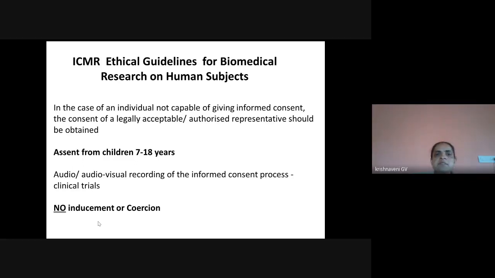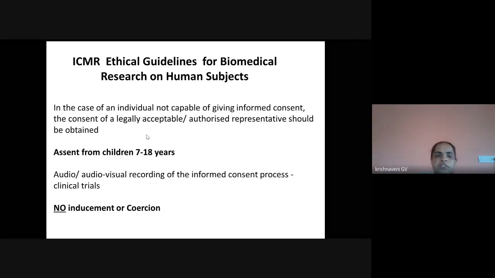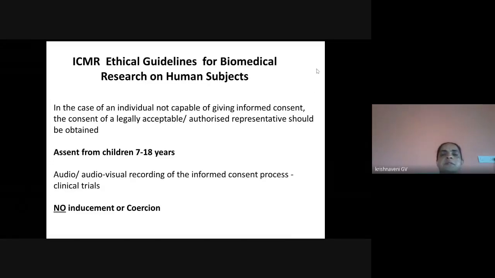So whenever the individual on whom the research has to be conducted cannot give legally binding consent, then in case of children, a parent or guardian, or for an adult who can't give consent, a guardian or person who is taking care of them can give their consent.